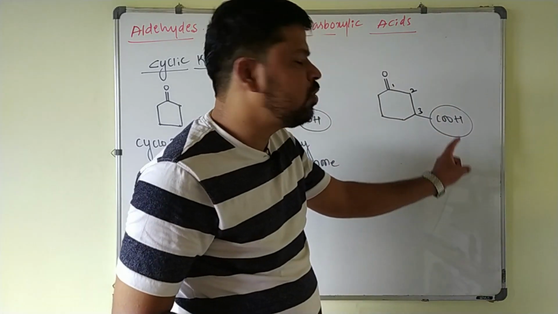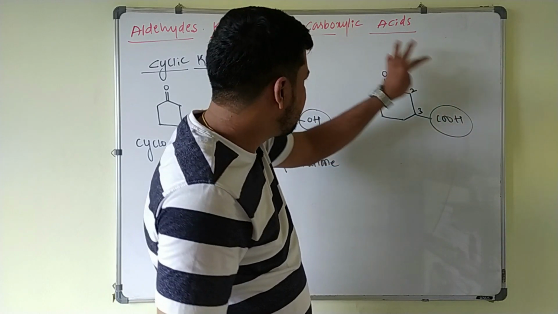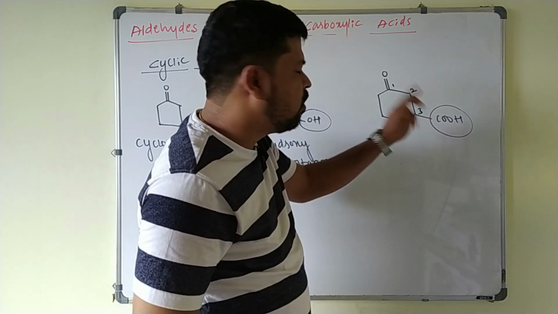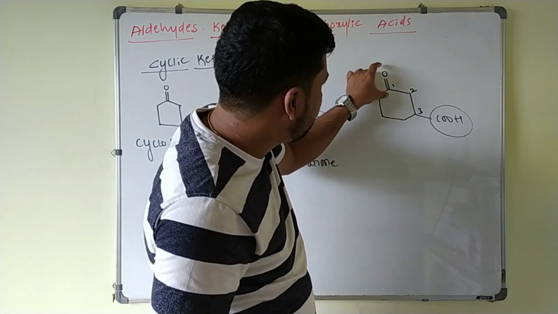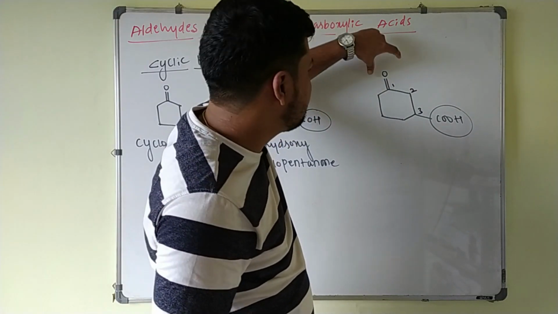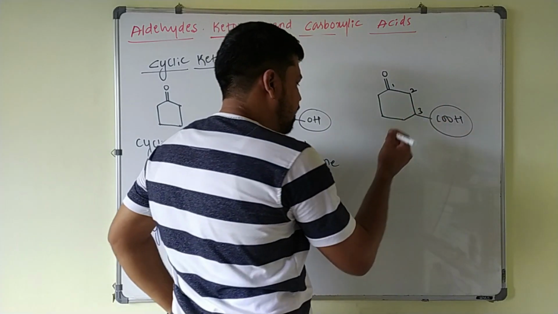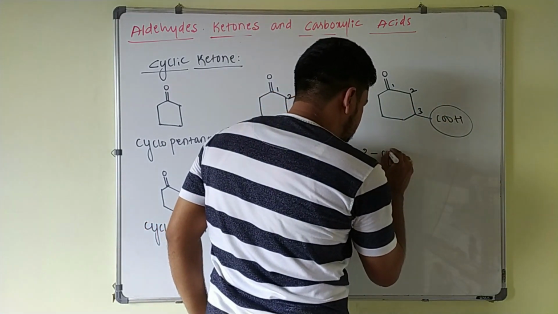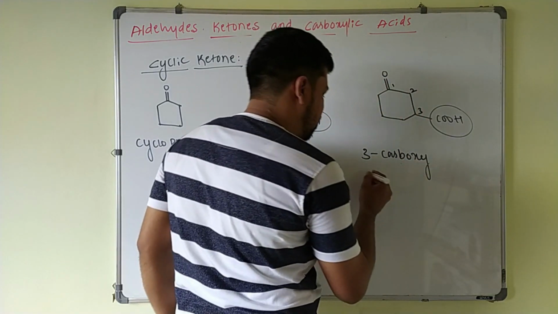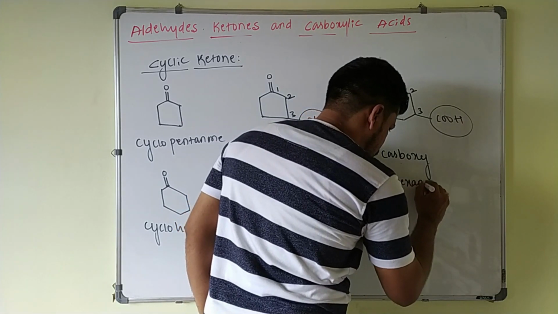Even though the COOH group has high priority in the priority order of functional groups, in the case of cyclic ketone this is named as a derivative of the cyclic ketone, because this ketonic carbon is a member of the ring. It is taken as the parent, and the COOH is taken as the substituent. So the name becomes 3-carboxycyclohexanone.